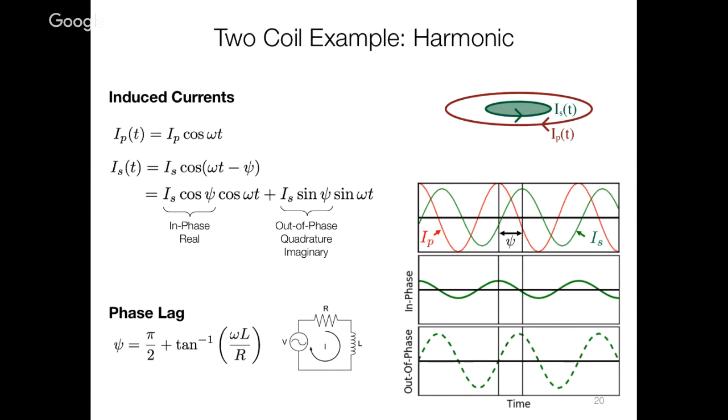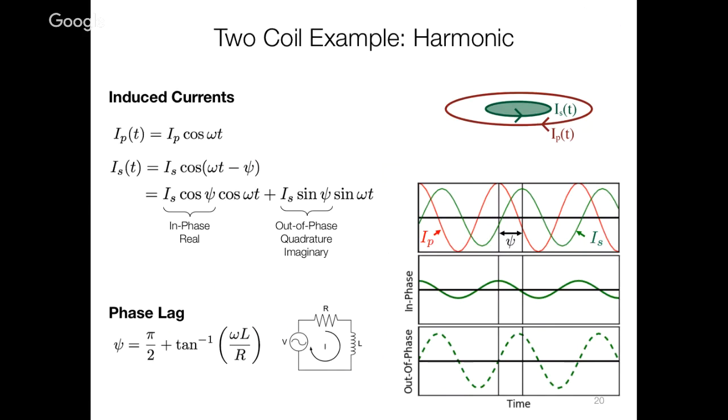The secondary current in that loop has to be at the same frequency. There's no possibility it could be a different frequency. That means the only thing that can happen is that there's an amplitude of this green curve, the secondary, and maybe there's a phase shift. Let's say the red and the green. That's it. That's all that can happen.